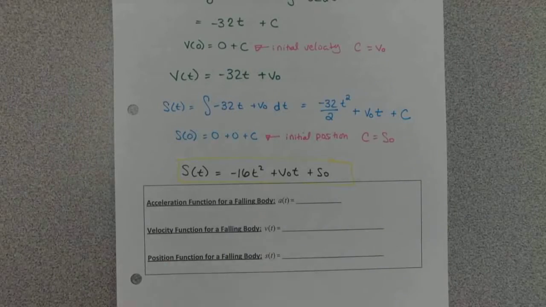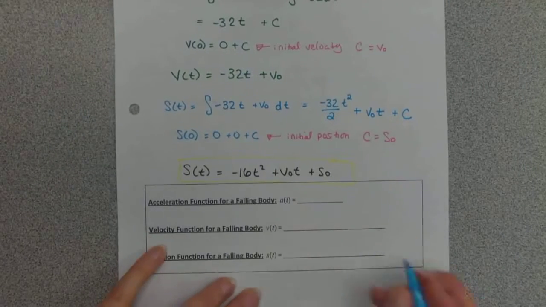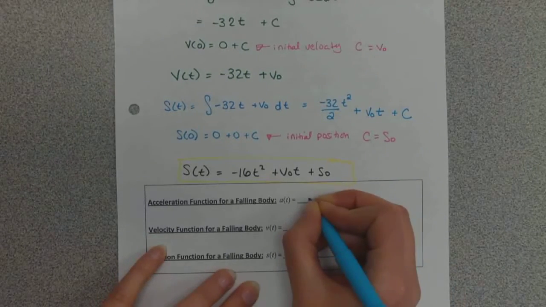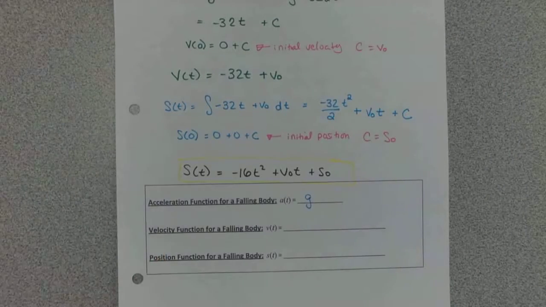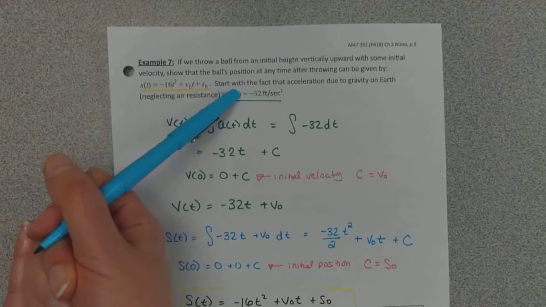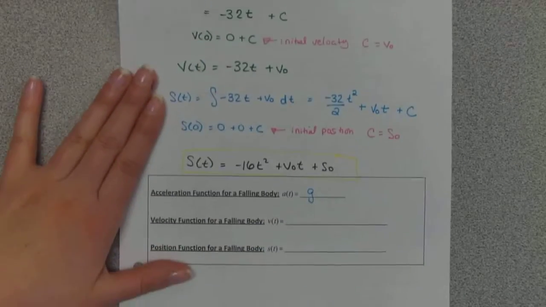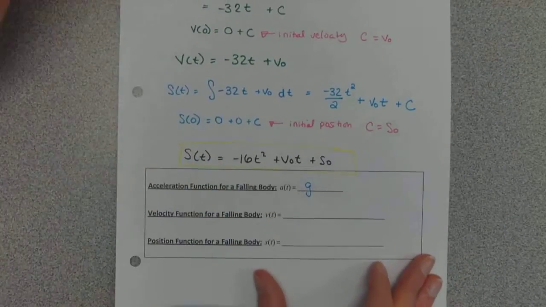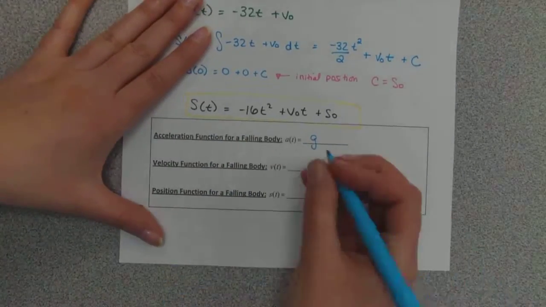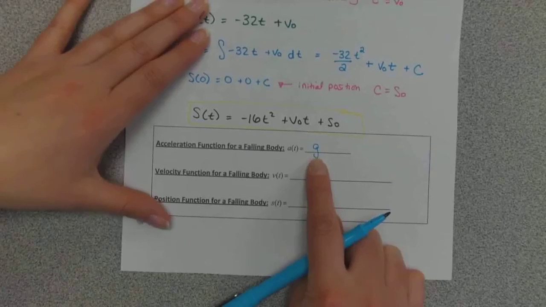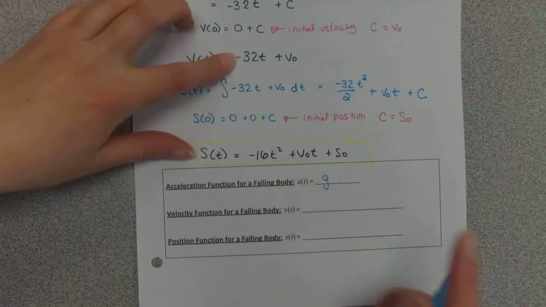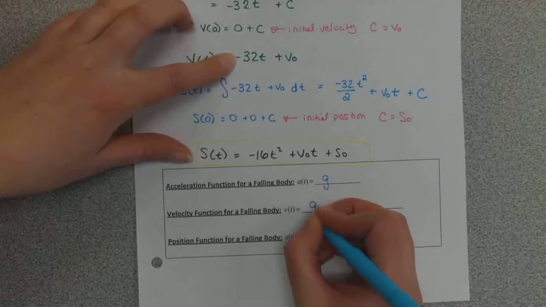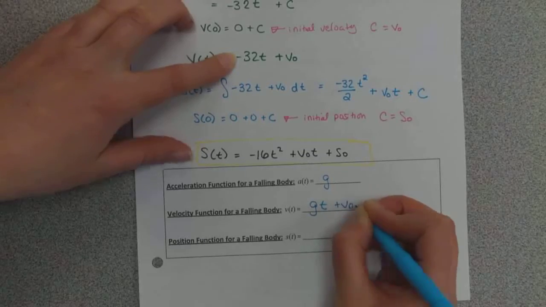The acceleration function for a falling body is a of t equals g, being gravity, right? It's just gravity here happened to be negative 32 feet per second. That's the gravitational constant we use here on Earth, okay? But it's just in general, it's g, whatever gravity is. So if instead of the 32, you had g everywhere, this would be now gt plus v naught.